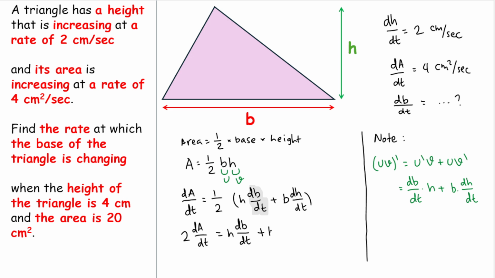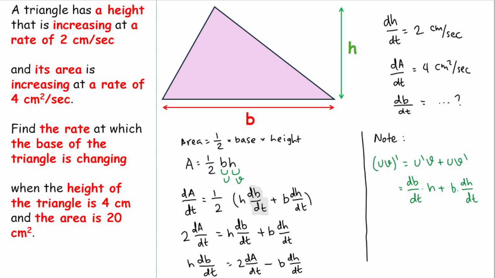Plus b dh/dt. And so let's isolate this. So we'll have h dB/dt. We will have 2 dA/dt, and then minus b dh/dt.